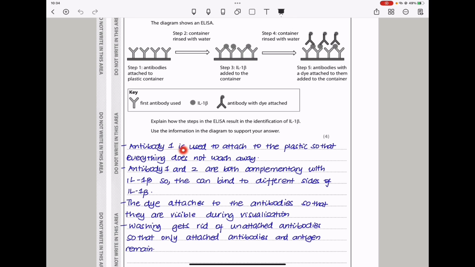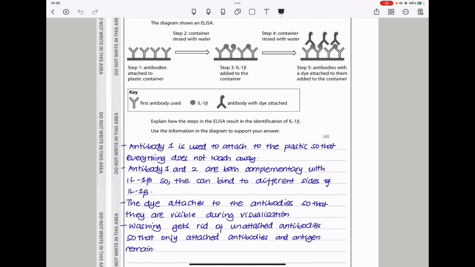So I said antibody 1 is used to attach to the plastic so that everything does not wash away. And then antibody 1 and 2 are both complementary to IL-1 beta because each attaches on one side of the IL-1 beta, so they can bind to different sides of IL-1 beta. Also, the dye attaches to the antibodies so that they are visible during visualization.